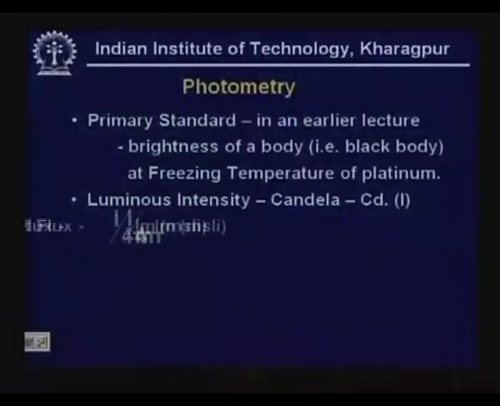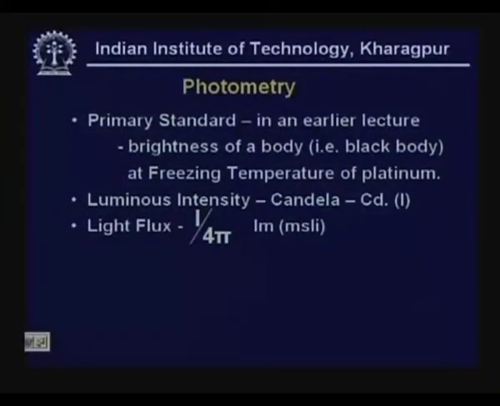That is how the term candela has come, which is the luminous intensity, and the total flux which comes out of a source, assuming it is a point source, was given out as: if I is the luminous intensity, 4 pi I lumen.